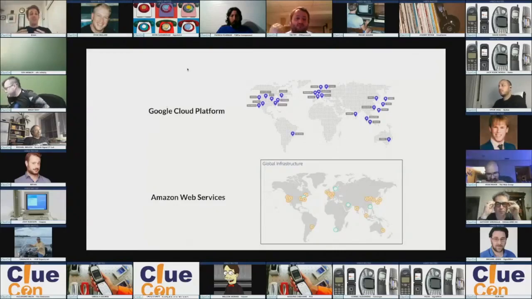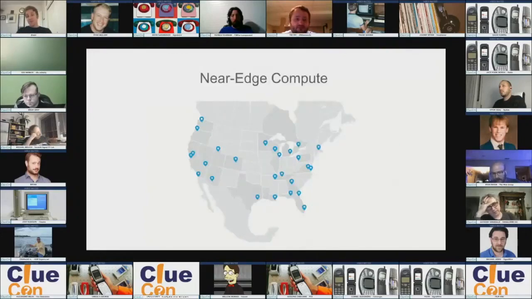So that's great. These big cloud data centers basically enable it so you can use them as your backbone. They have invested billions and billions in compute infrastructure and bandwidth and uptime. And why not leverage that, right? It's gotten to the point now where that makes a lot of sense. You also now have the rise of near edge compute. Now, these aren't the big data centers from GCP or Amazon or anybody.